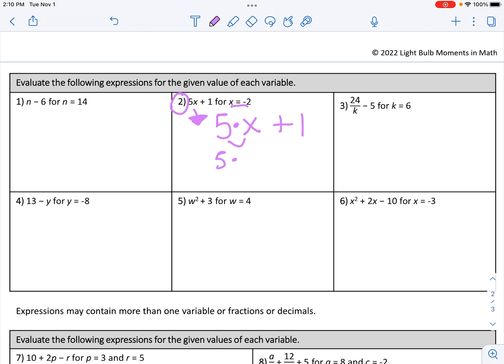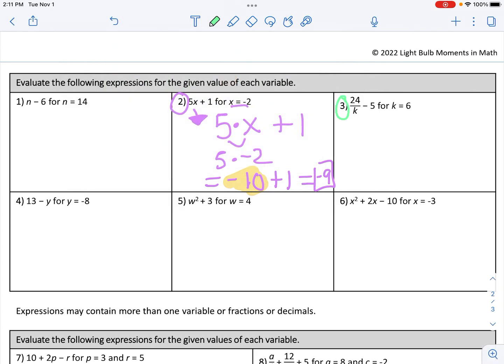So this is saying 5 times negative 2. 5 times negative 2 is negative 10. We still have to add that 1. And we know that we have different signs here. So same sign add, different sign subtract. Negative 10 plus 1 is negative 9.